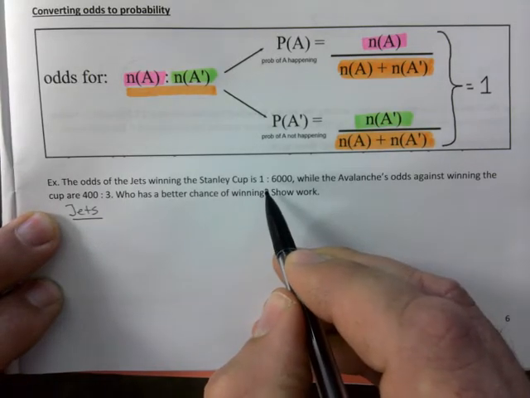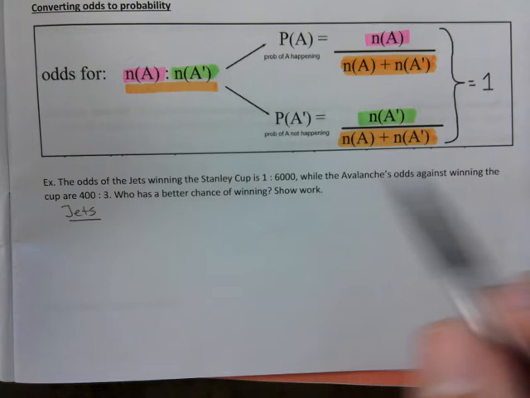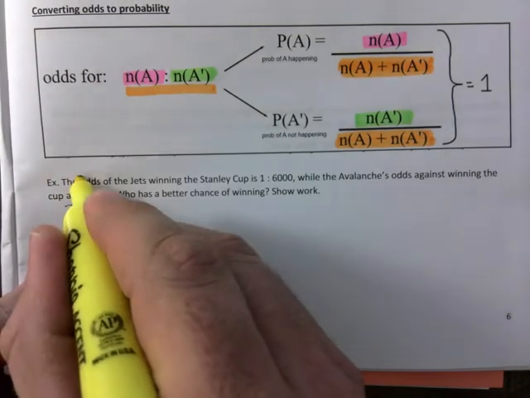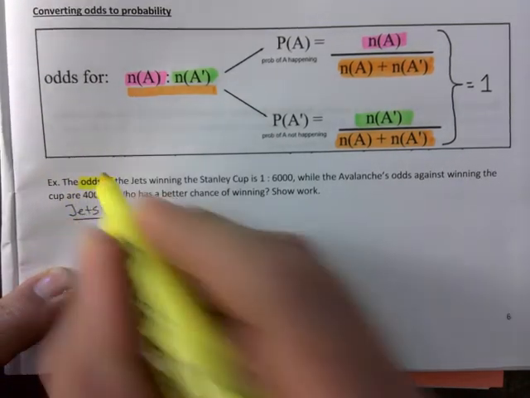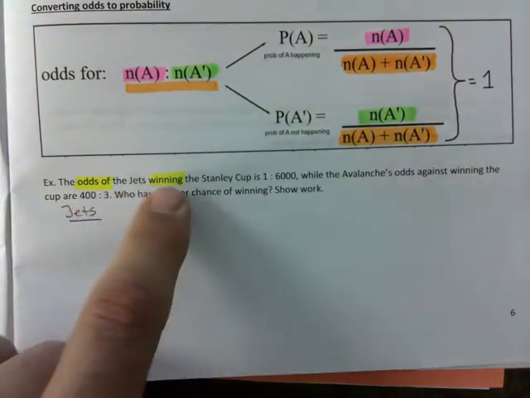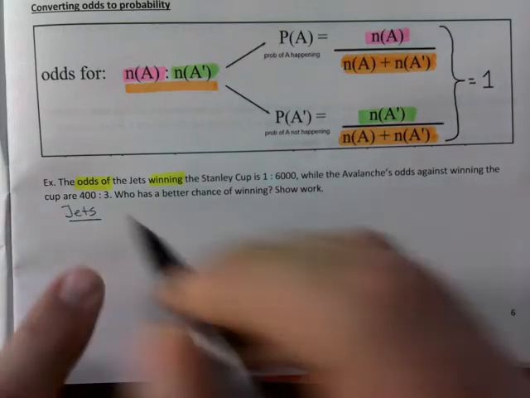Okay? And I'm going to highlight what kind of odds, because there's odds for and odds against. What kind of odds are we talking about? Notice that it says the odds of winning. Odds of winning, which means for.